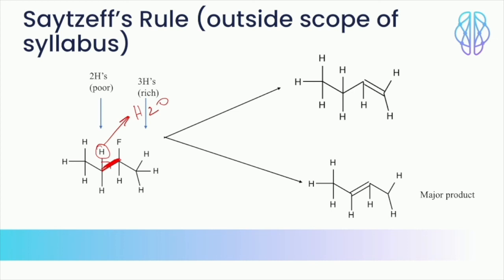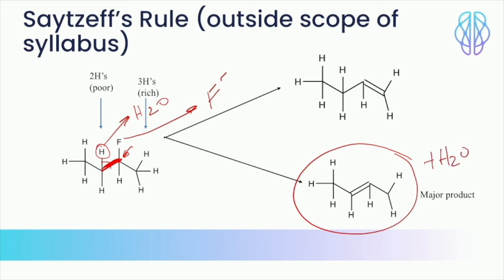And then this carbon is in a sticky situation because it's now got 5 bonds, and that fluorine, as you may recall from the previous slide, will leave off as F-. So that'll give you the major product. And you also have H2O and F- in an aqueous solution as the byproducts to that reaction.